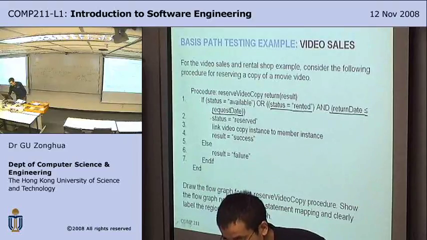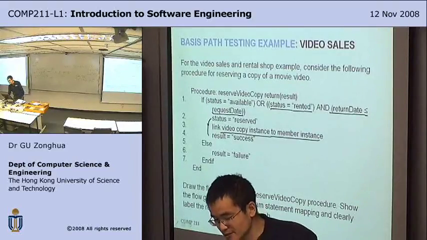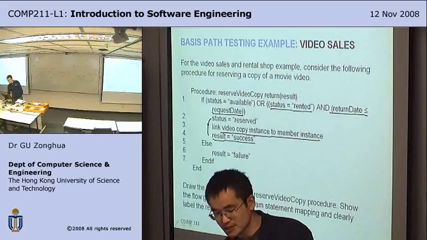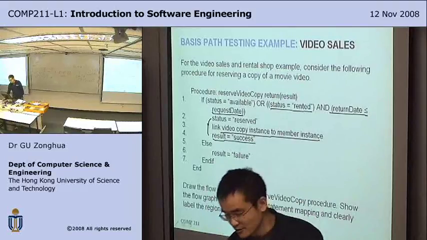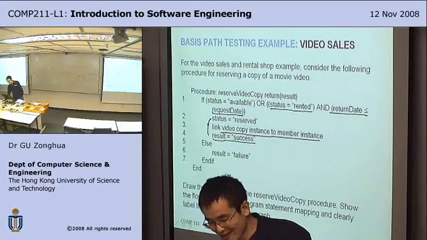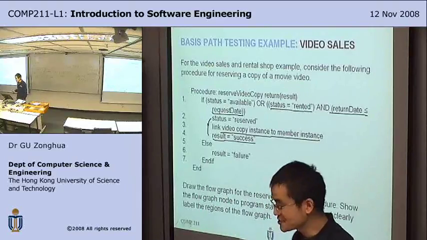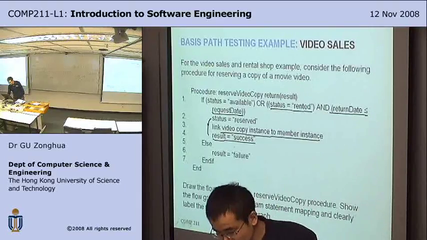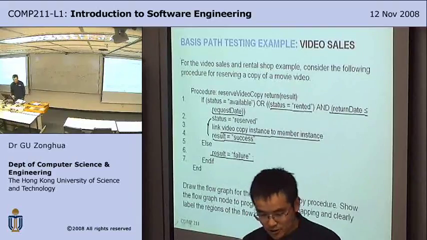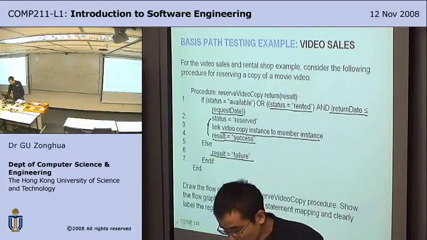The status is reserved, and link video copy instance to member instance, result equal to success. So immediately you can see that these three statements can be merged into a single flow graph node because there's no internal branching. And else result equals failure.